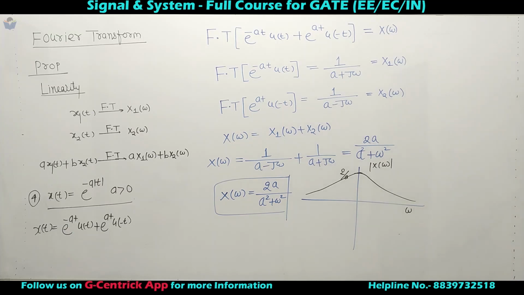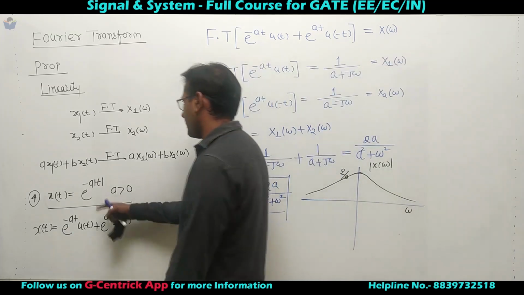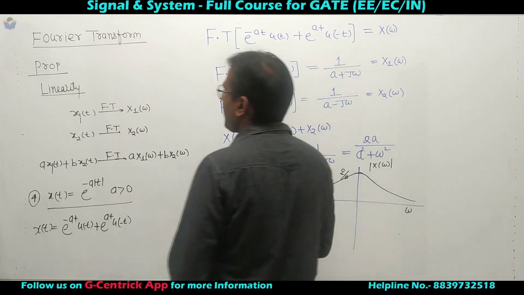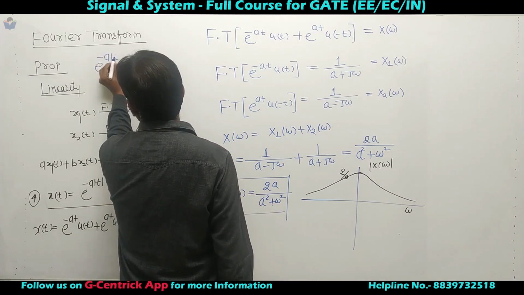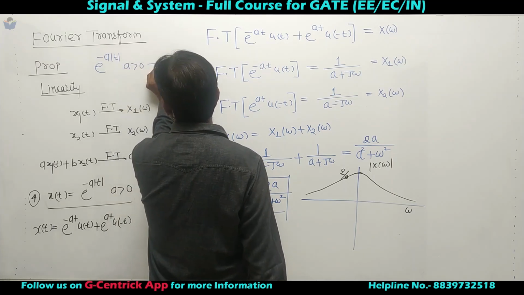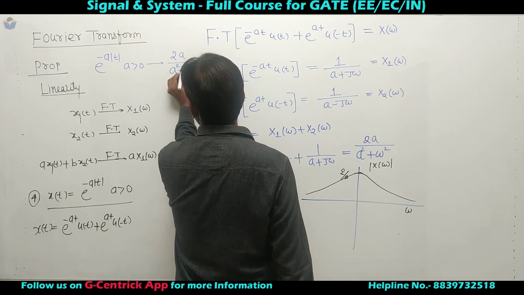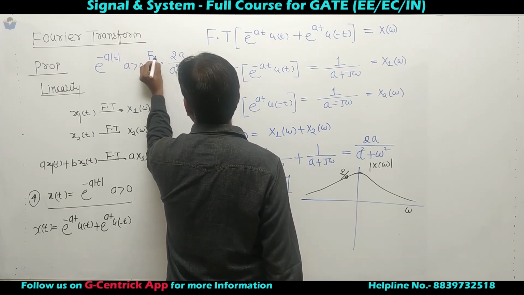So this is the magnitude spectrum for e to the power minus a mod of t. So keep in mind, this is a very important Fourier transform. E to the power minus a mod of t, when a is greater than 0, will give you 2a divided by a square plus omega square. This is the Fourier transform.